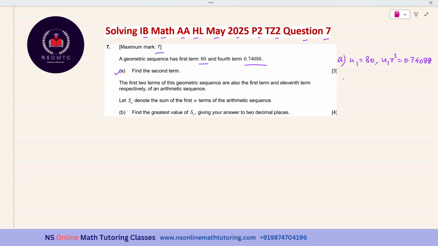Therefore, U1 R cube over U1 is equal to R cube, which is equal to 0.74088 divided by 80. So R is equal to the cube root of 0.74088 divided by 80.